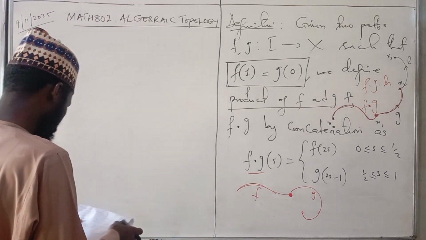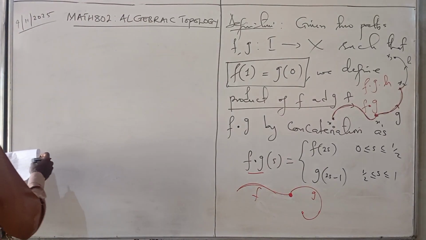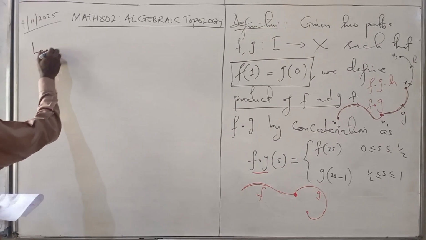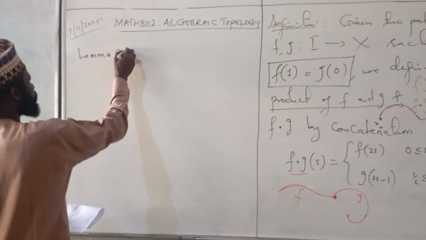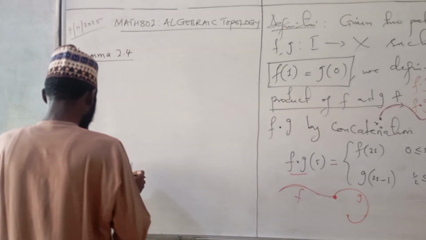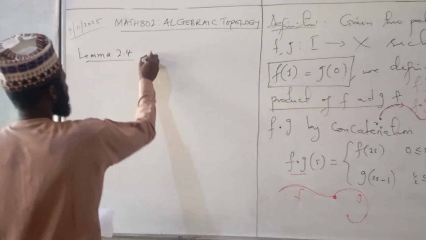Okay? So, Lemma 2.4. If f0, did you understand this now?